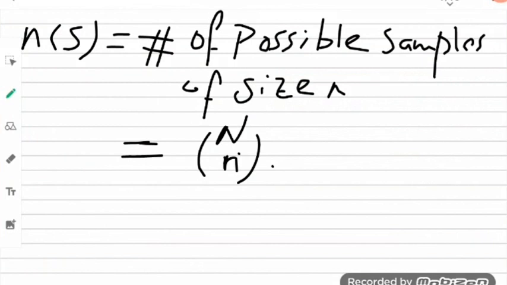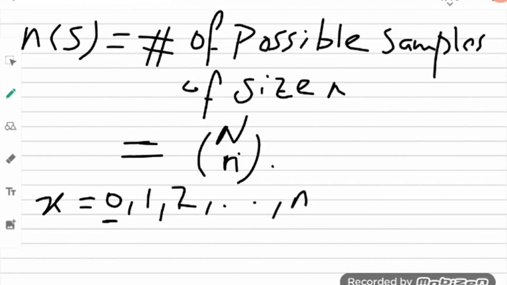So the random variable X could have possible values of 0, 1, 2, up to n. We can have the number of successes equal to 0, where we don't select any items from those elements.